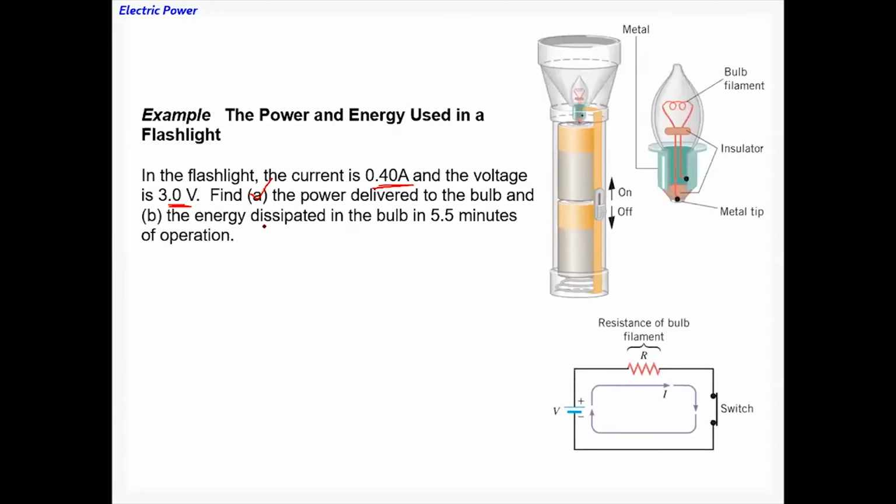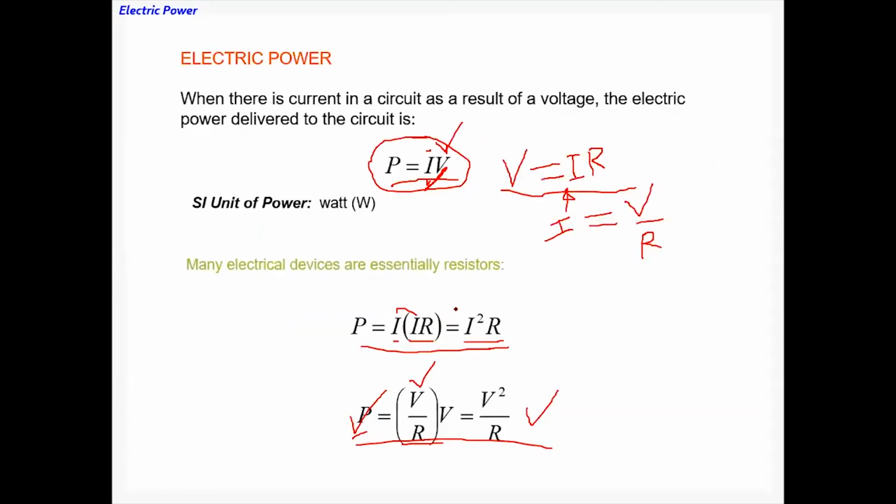Then similarly, the energy dissipated in the bulb in 5.5 minutes of operation. What is 5.5 minutes in seconds? How do you do that? Multiply by 60. That's your time. If you know the power, can you find the energy?